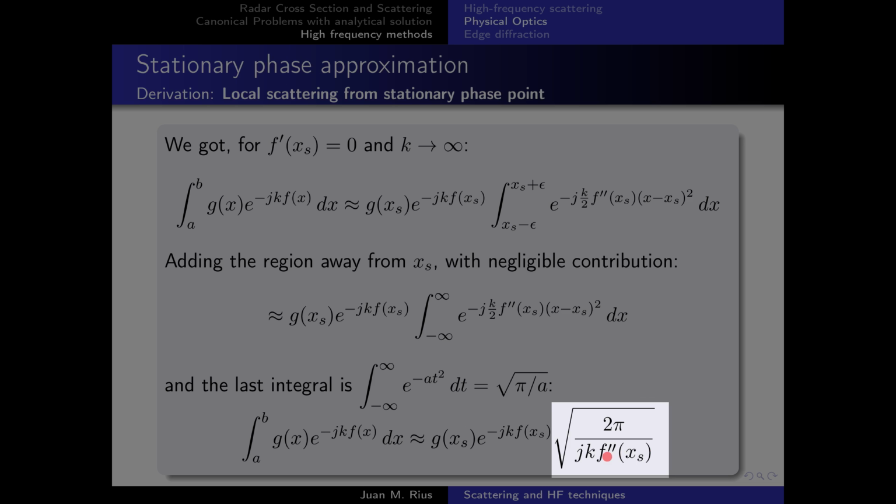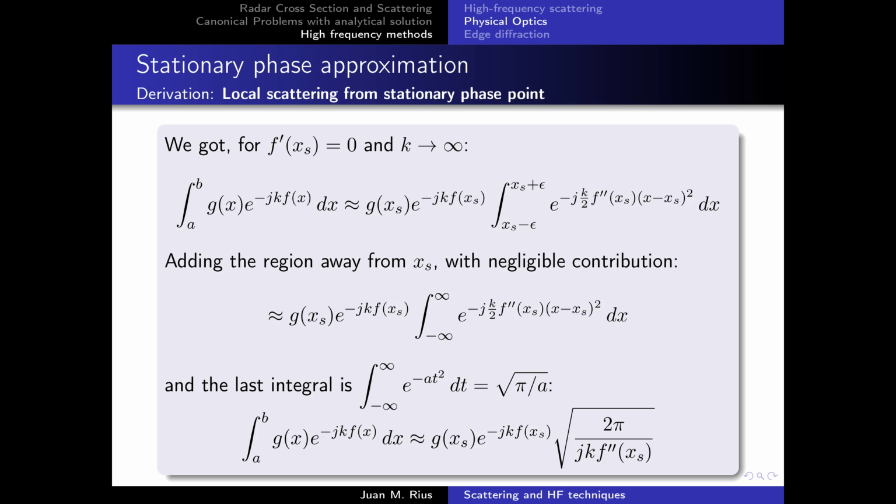The second derivative of the phase at the stationary point is related to the curvature of the surface, as we will see in the next example. But I stress again the most important result that we have obtained: local diffraction.